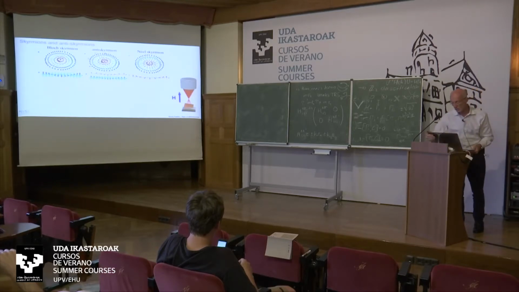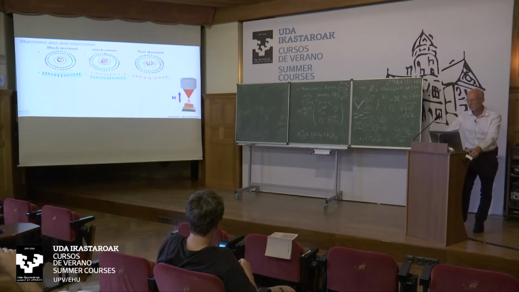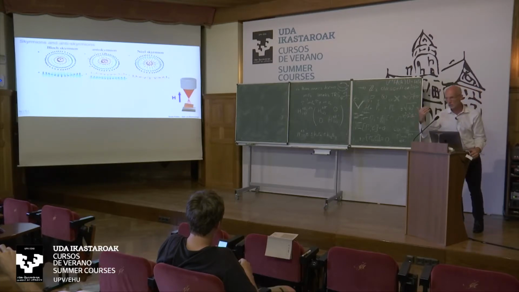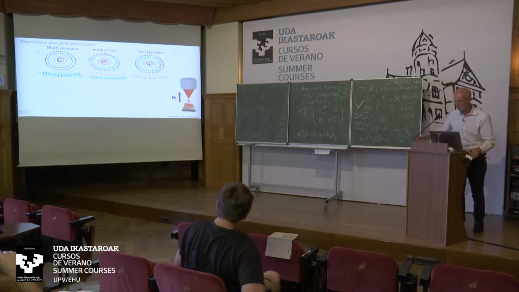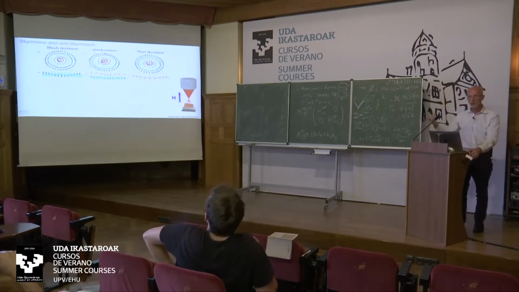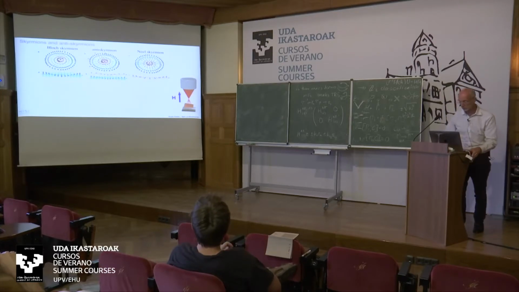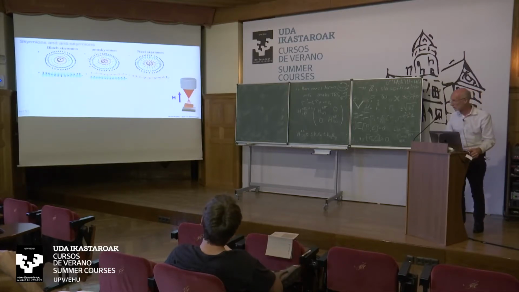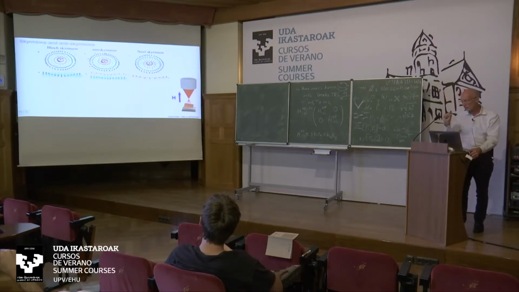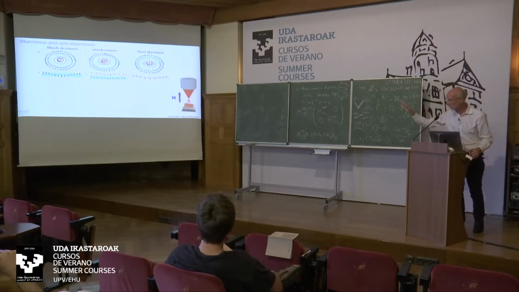Now, how do we see these objects? And the simple way to see them is using something called Lorentz transmission electron microscopy. Very, very simple cartoon on the right. Basically, what we do is we take a beam of energetic electrons, a nanometer wide, in a transmission electron microscope. And this beam of electrons is passed through a very thin lamella formed from this material.